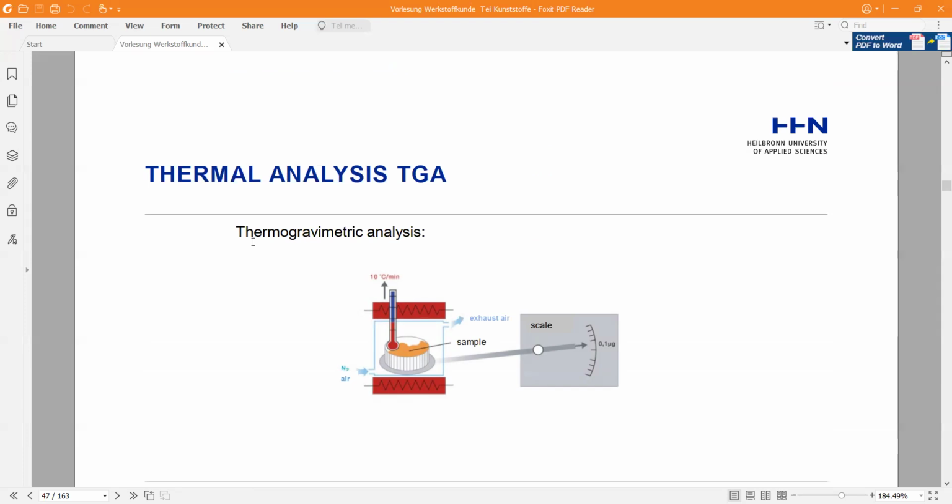Here's a picture of thermogravimetric analysis, TGA. The sample inside the furnace, the nitrogen air, exhaust air, and scale in micrograms, and temperature 10 Celsius degrees per minute.